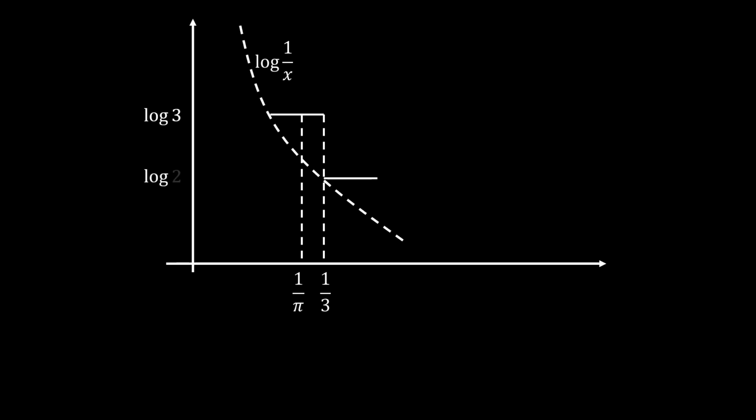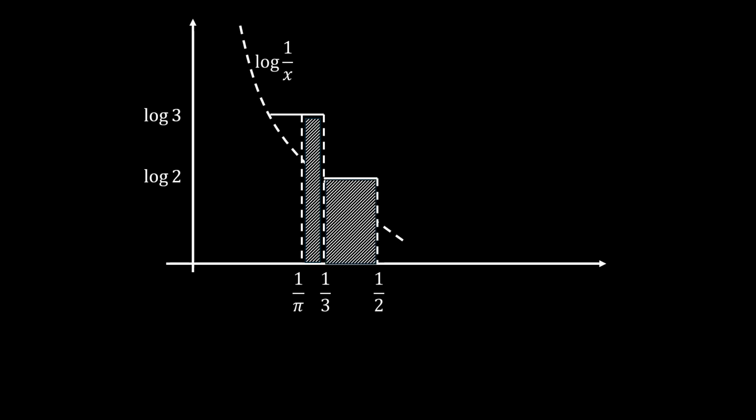And between a third and a half, we have a constant value of log 2. And so the integral here entails for us to find the area under these constant values.